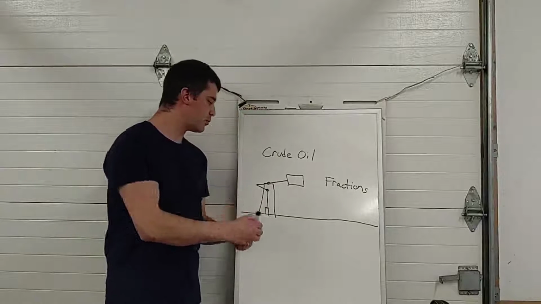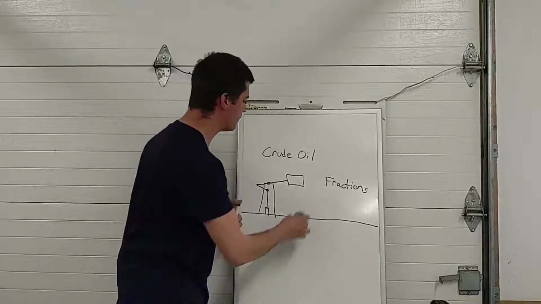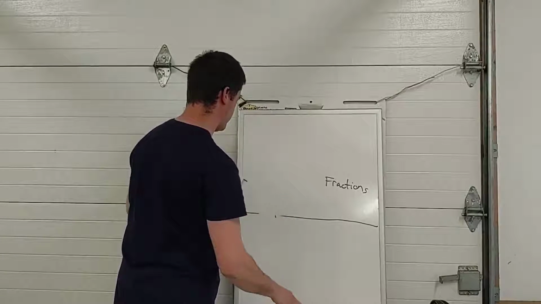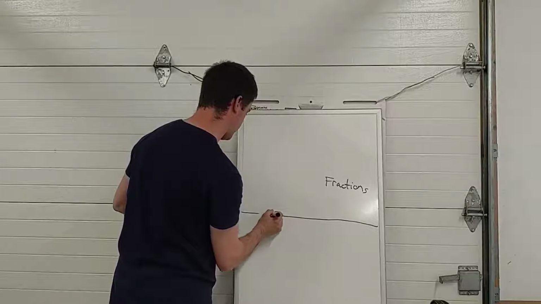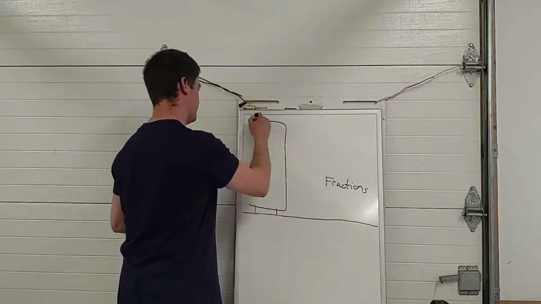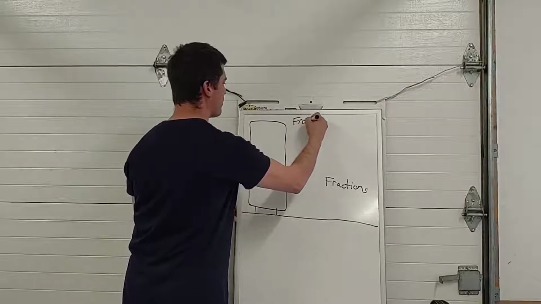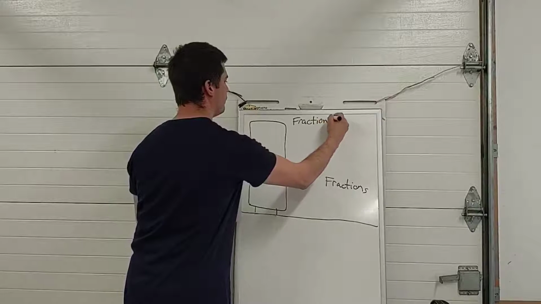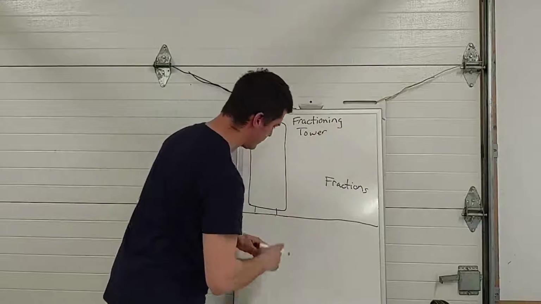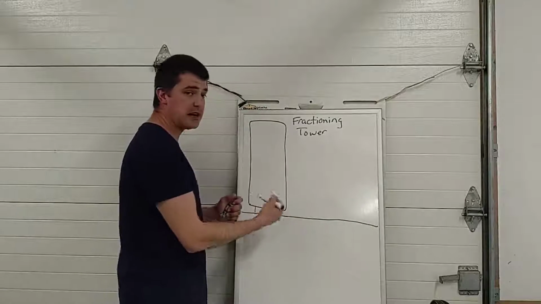So they're going to take this crude oil that they pump out of the ground, and they're going to put it into something known as a fractioning tower. So inside this fractioning tower, they're going to bring in the crude oil and they're going to heat it.